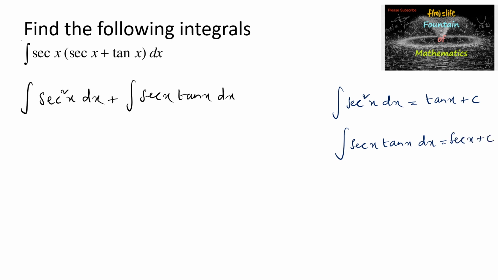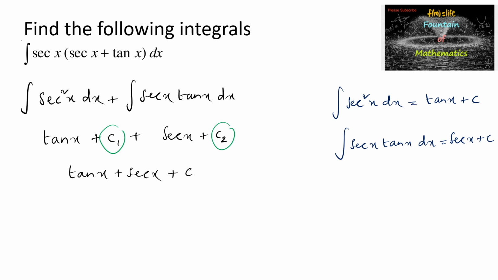So the integral of secant squared x is tan x plus some constant, and the integral of secant x tan x is secant x plus another constant. Let us consider c1 and c2 as a single constant. So we can write tan x plus secant x plus c is the answer.